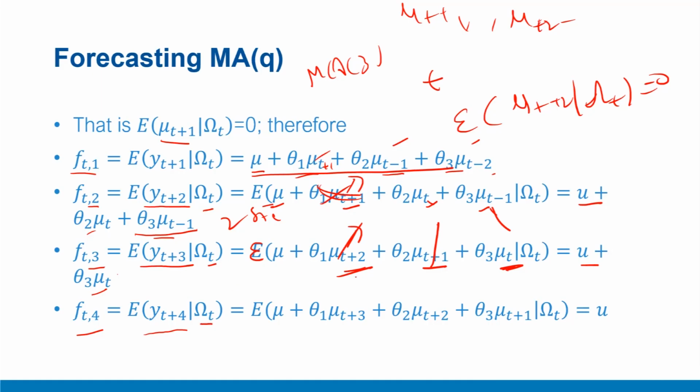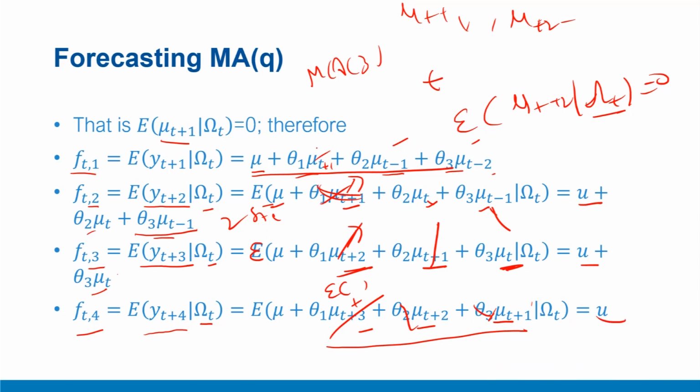As soon as we add 1 step ahead, we have t plus 3, t plus 2 and t plus 1. All these white noise terms are in future, so their conditional expectations given omega t, the information available till t, will be 0. So all these terms will be 0 and we are only left with mu.